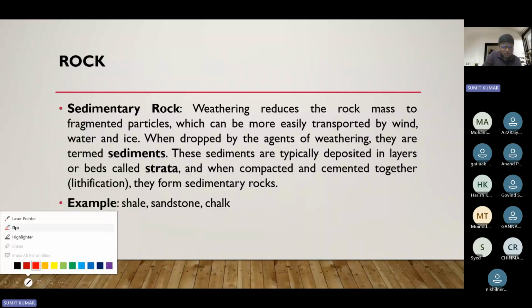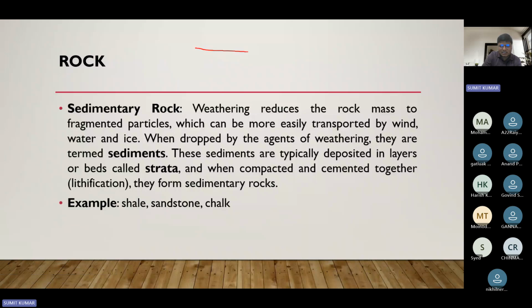Okay, my pen is over here. You can see I have drawn these three layers: this is layer 1, this is layer 2, and this is layer 3. At each layer the soil characteristics are different.